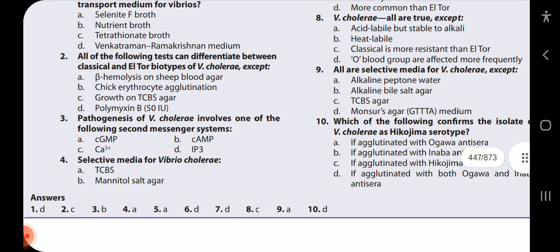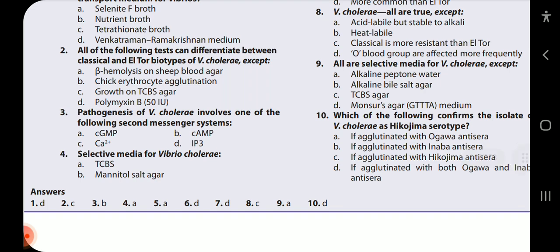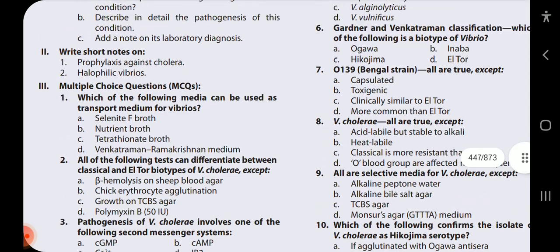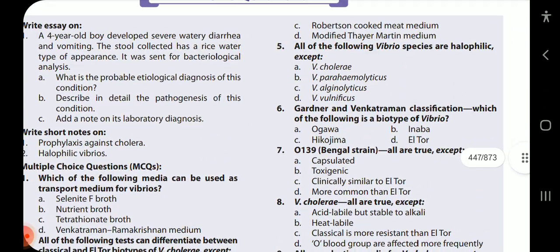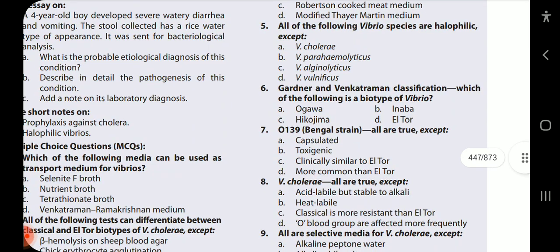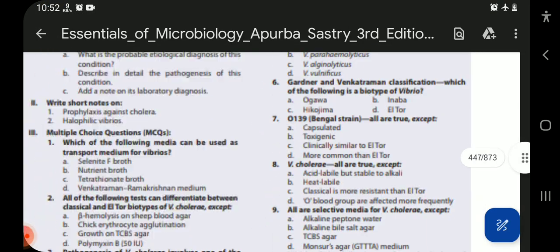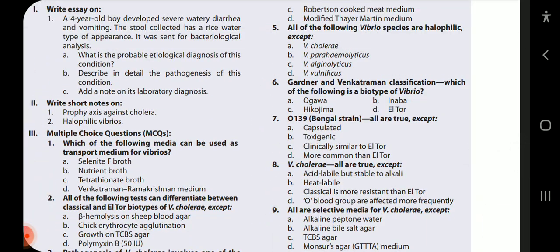Okay. Now, pathogenesis of Vibrio cholerae involves one of the following second messenger systems. It's cyclic AMP. Now, selective media for Vibrio cholerae: it's the TCBS. Okay, and coming on to which of the following Vibrio species are halophilic except, it's Vibrio cholerae itself.